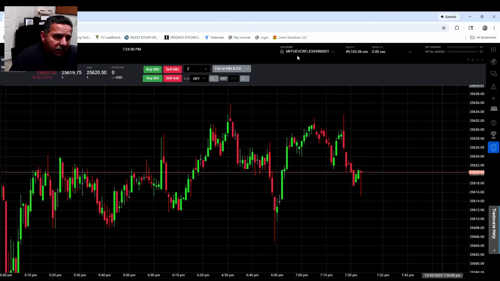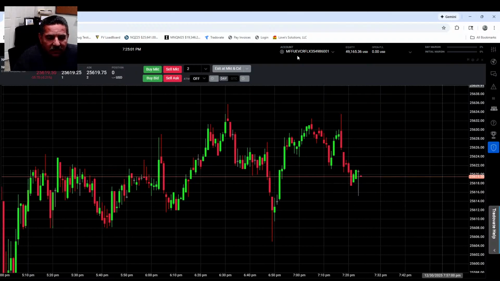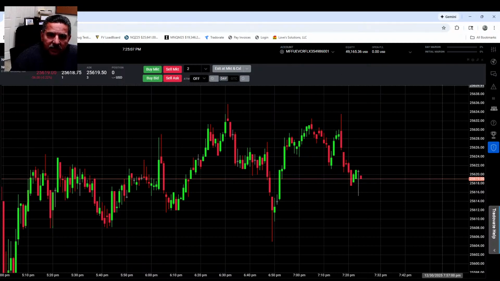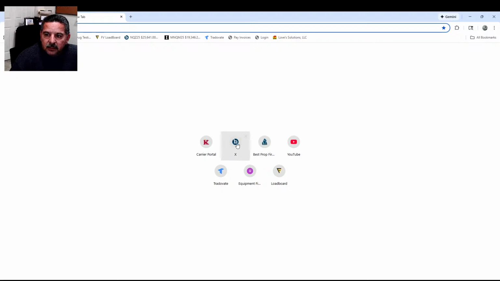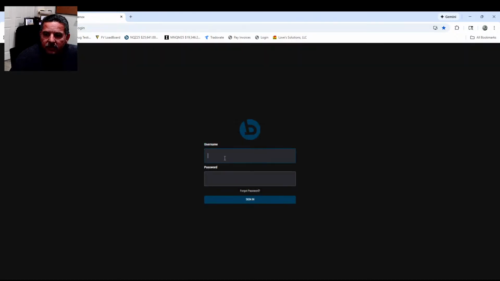I wouldn't recommend anybody trade on Tradovate if you are starting, because the candles have a lot of movement, and it's just not a good look. Let me sign on to my account on Bulenox.